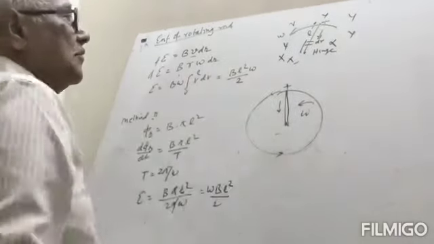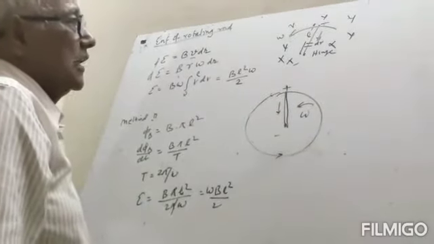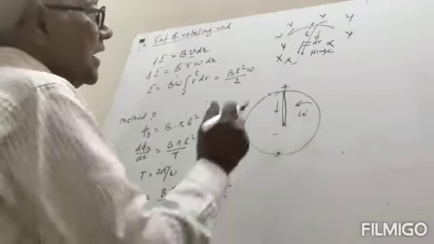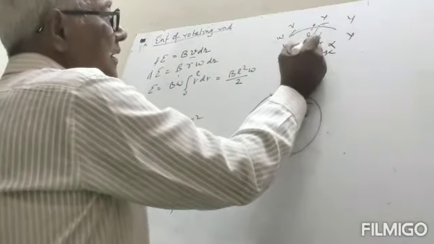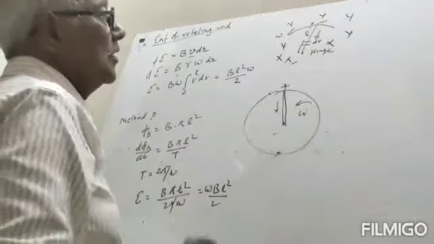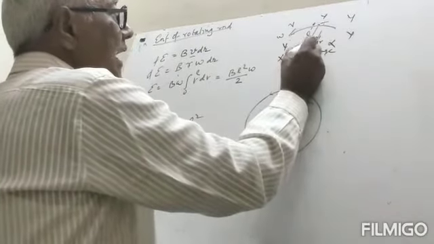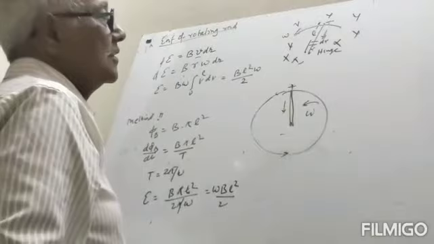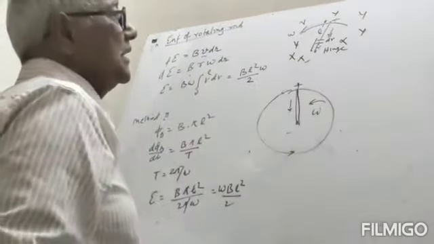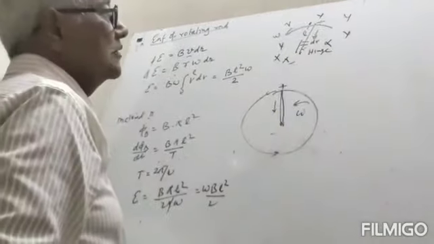Now we can find the EMF by taking a small element dr of this rod which is at a distance r from its hinge.